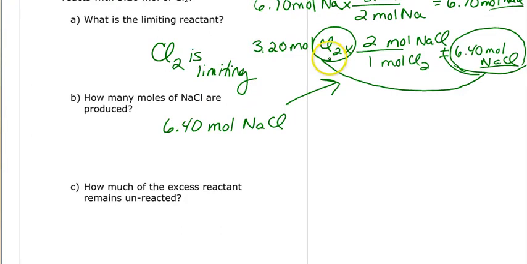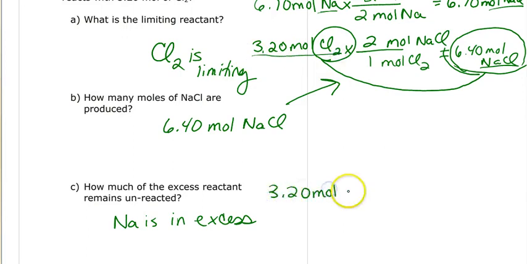So my chlorine is limiting, so my sodium is going to be my excess. So I know that sodium is in excess. And now I'm going to calculate how much. So what I'm going to do is, now that I know that this is my limiting, I'm going to start with that again, because that is what I'm limited by, 3.20 moles of chlorine.